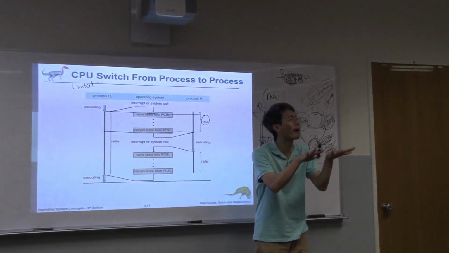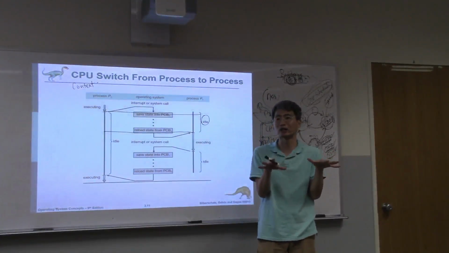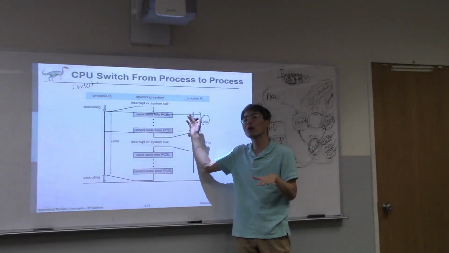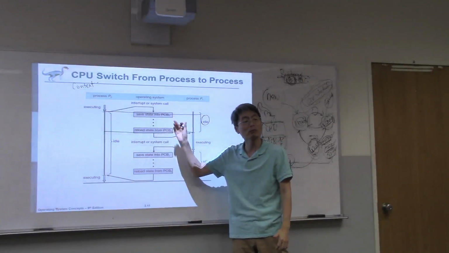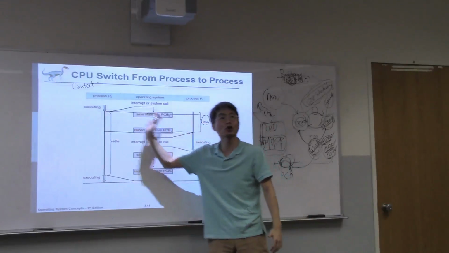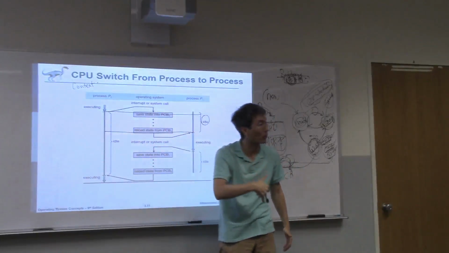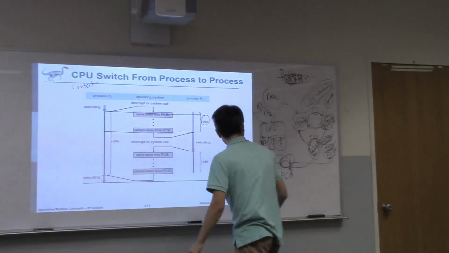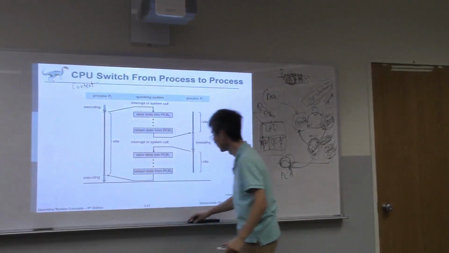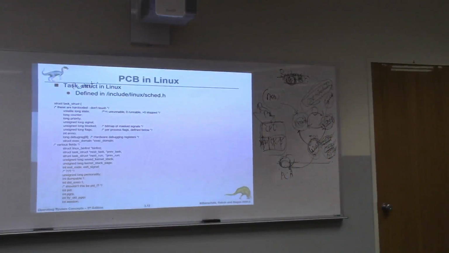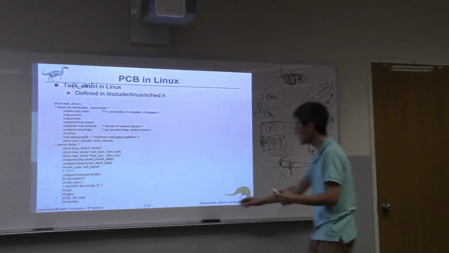So you need to optimize your operating system to manage the proper number of context switches. Also, try to minimize the information in the PCB. That's the key point when you design the system. Okay, so this is an example of the PCB used in Linux.